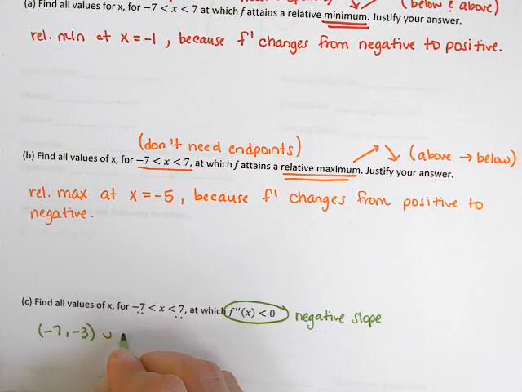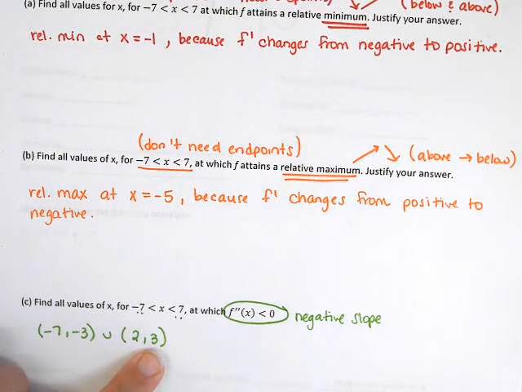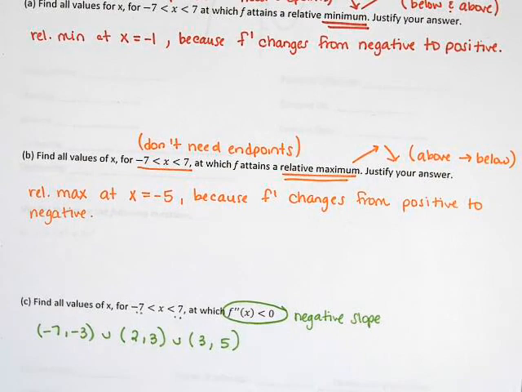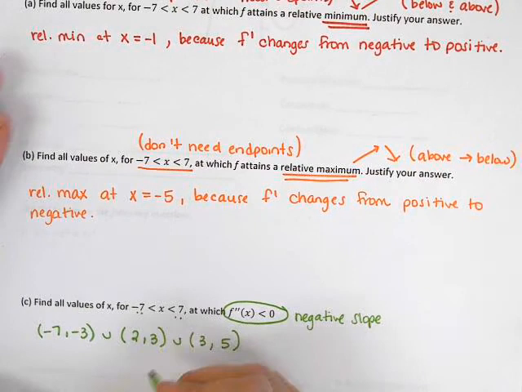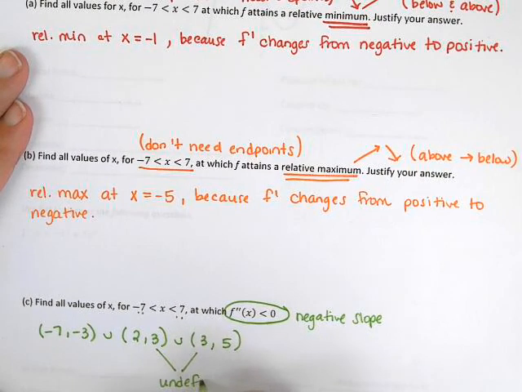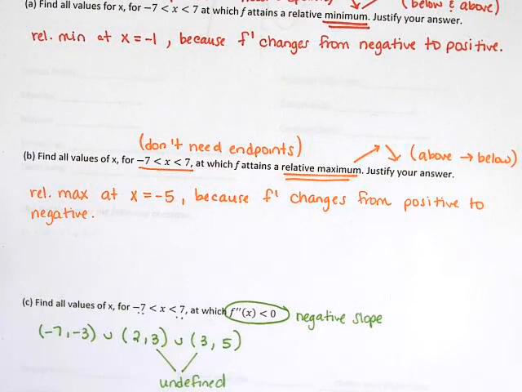Then I have a negative slope from 2 to 3, and I'm making that open because I know that it's undefined there, and then from 3 to 5. So I would say this is open because my value is undefined, and you don't have to write this part down. I just want to make a note to ourselves that that's why that's a separate interval. We can't just say from 2 to 5.